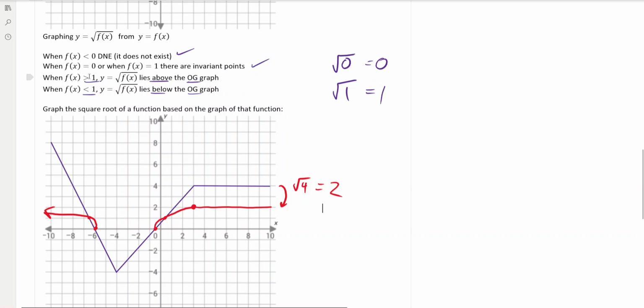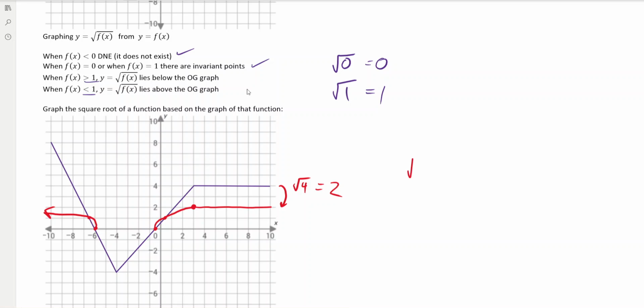So I think I have this written backwards. If f of x is greater than 1, it lies below the graph. Yeah, this has to be below. And this is above. So the reason for that is when you square root 4, it goes to 2.